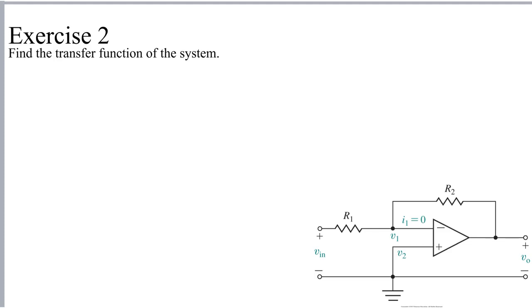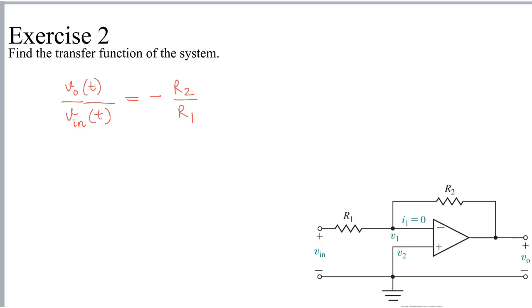We could go through all the circuit equations, but in this case we don't need to, because we already know that V output over V input, with respect to time, is equal to minus R2 over R1.